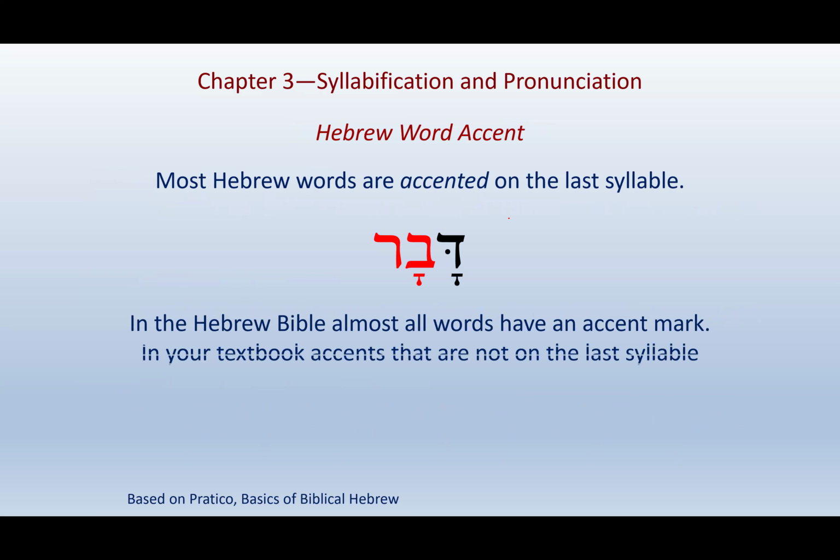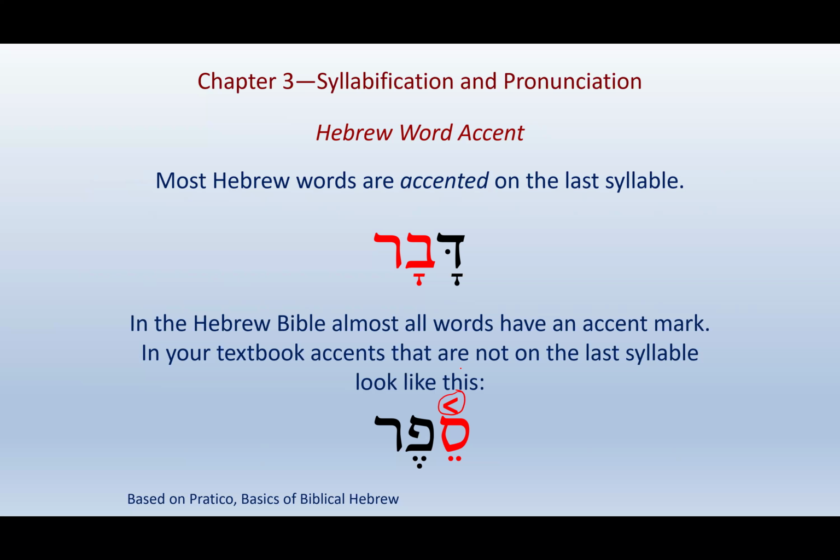But when it comes to the textbook, if there's no accent mark added, you can just say, okay, it's the last syllable. If the accent is not on the last syllable, it'll look like this. This word is sefer. That's going to be a book or a scroll, sefer. And you see it's got this less than sign. Less than, yeah, because in English we're reading left to right.